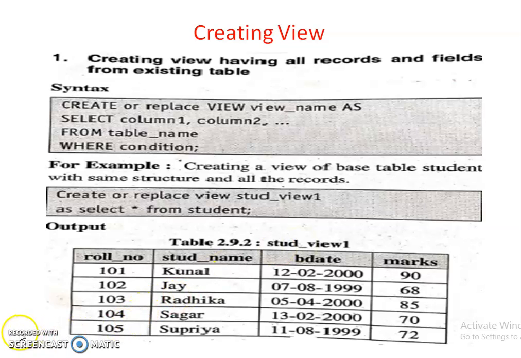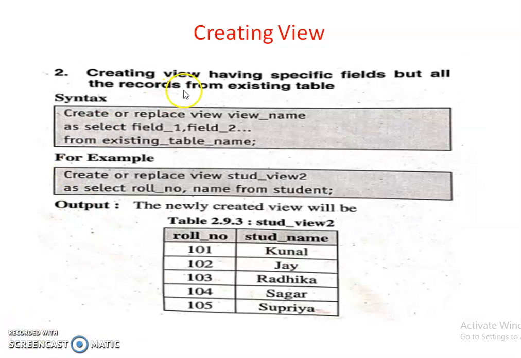Now we discuss creating a view having specific fields but all records from the existing table. It means that specific fields are included but all records. So the syntax is: CREATE OR REPLACE VIEW view name AS SELECT field name 1, field 2 FROM existing table name.